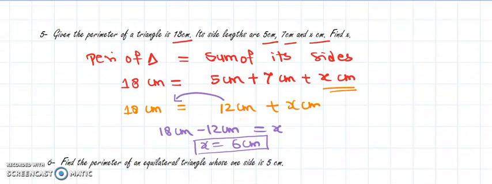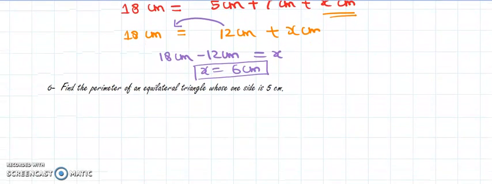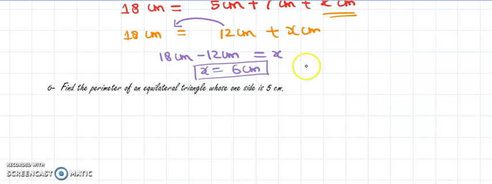Now let us move towards the different and very important type of question. If they have given us in the question, my dear students, find the perimeter of an equilateral triangle whose one side is 5 centimeter.